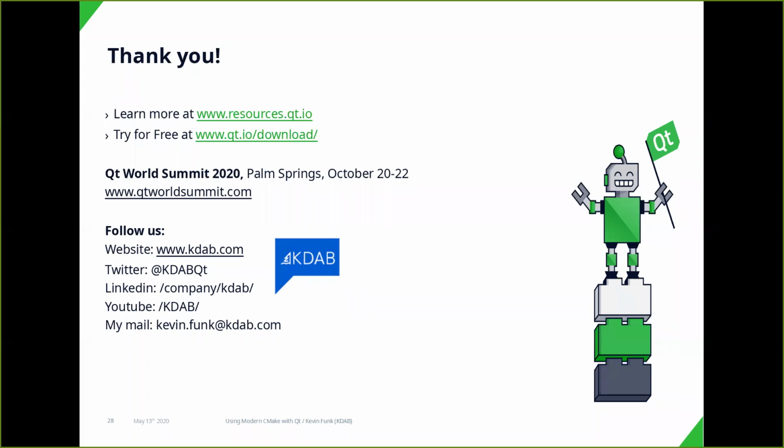Oh yeah, next one is also good. Will there be some kind of QMake to CMake conversion tool when CMake becomes the standard choice? First of all, QMake will still be around in Qt 6 time. It's not going away. But in the end, at some point, you probably would like to switch to CMake. That's right. I know, because I've been involved with this, that for turning the QMake-based build system of Qt into CMake, there have been written quite a few conversion scripts which automatically parse QMake and then generate CMake code.